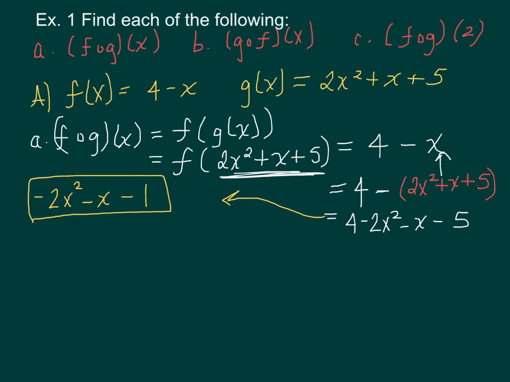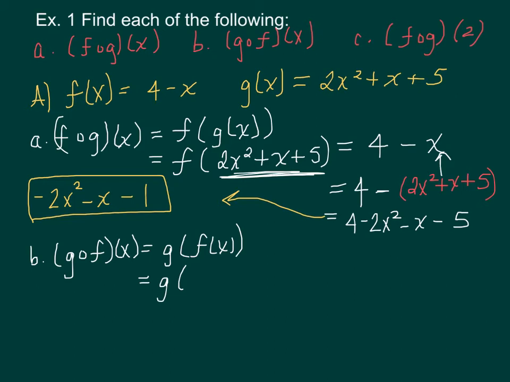All right, let's do little b. We're going to do g compose f, which is the same thing as g of f of x. Okay, my f, because you always start inside. You do the inside first.